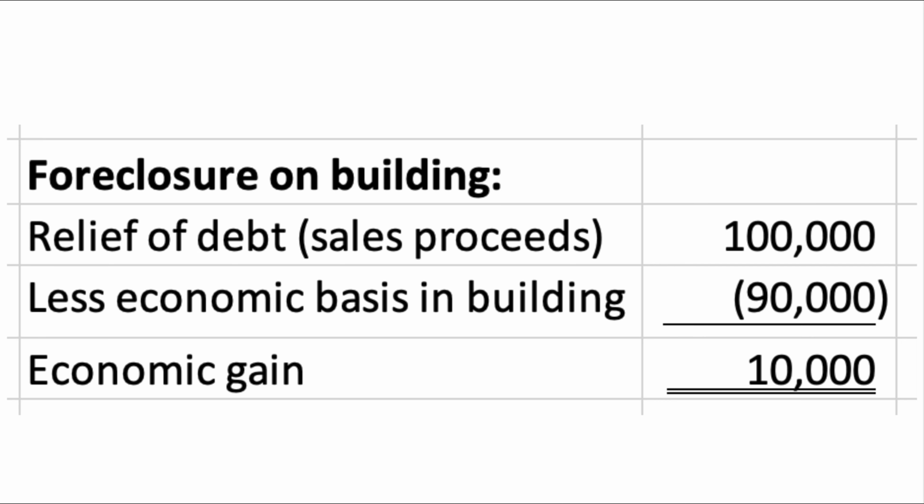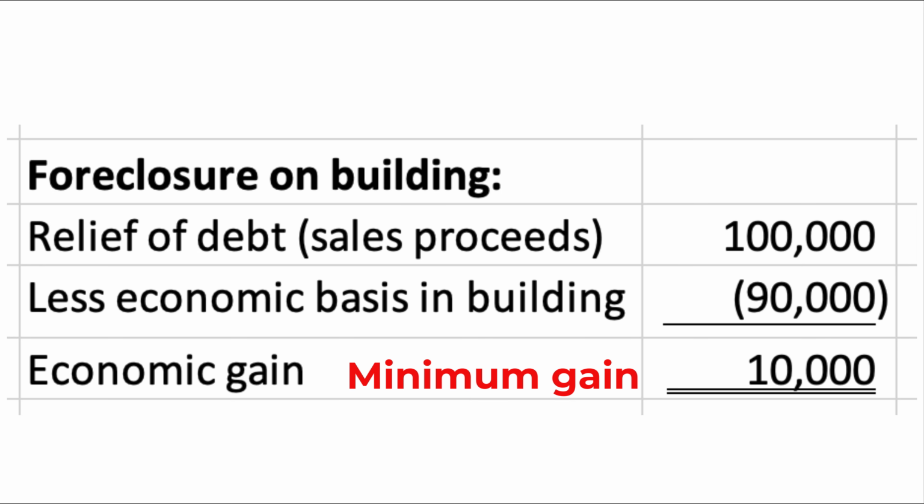Then the economic gain I have, if there is a foreclosure, is $10,000, which is $100,000 debt relief minus the 704B basis in the building. $10,000 is the absolute minimum amount of economic gain that I will experience if the bank forecloses on the loan and I walk away.